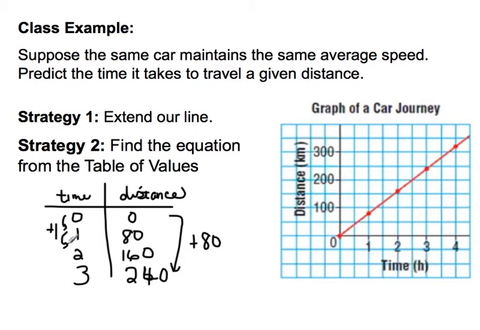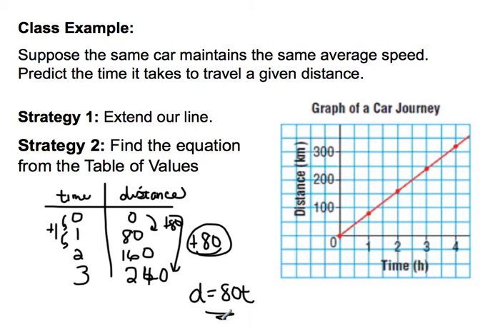Remember, if your independent variable goes up by 1 and your dependent variable goes up by 80, this is your numerical coefficient. So D is equal to 80t. That's what you have to multiply that time by. Then we check, do I have to add anything? Well, 0 times 80 is 0. Good. 1 times 80 is 80. 2 times 80 is 160. Okay, we're good. So that's our equation.